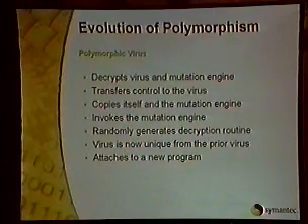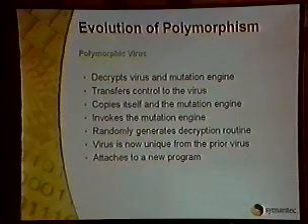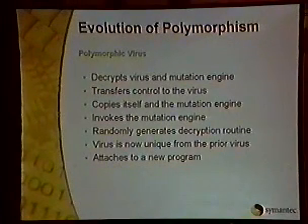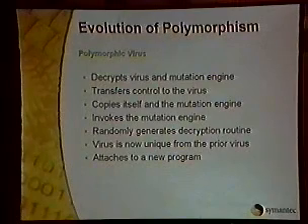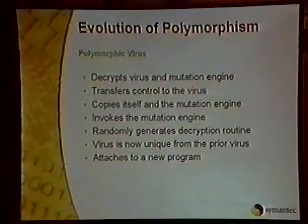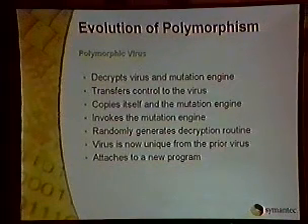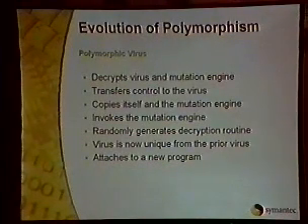The way this particular virus went about it was that it decrypted the virus and the mutation engine, then transferred control to the computer. It again copies itself, and now it copies the mutation engine and invokes it, which generates a decryption routine, and now the virus is unique, and it attaches itself to a new program.